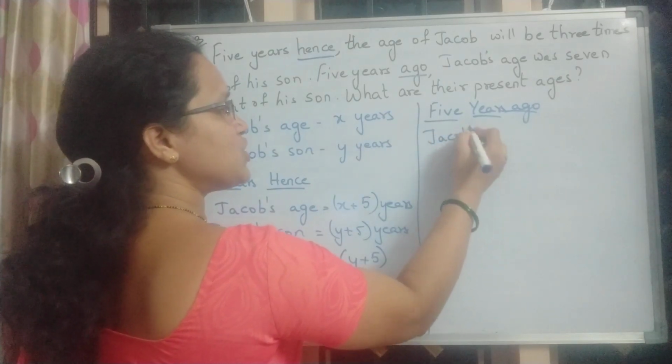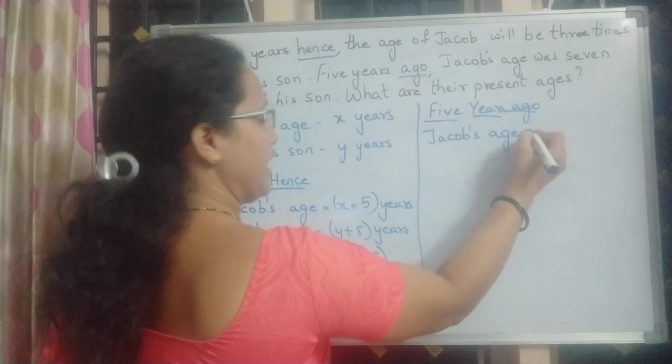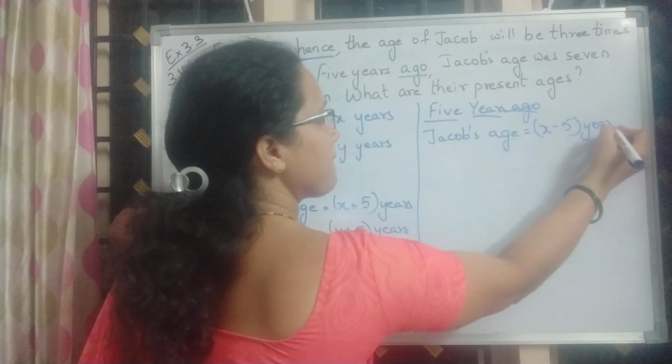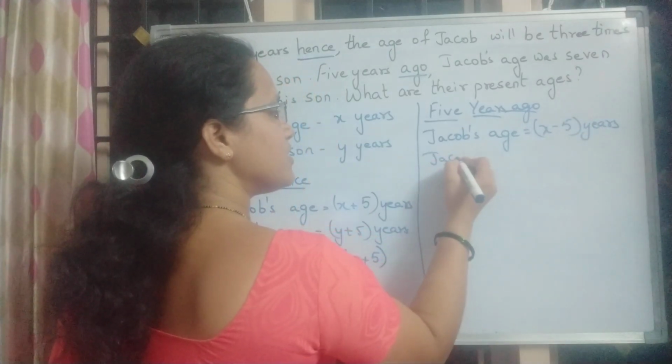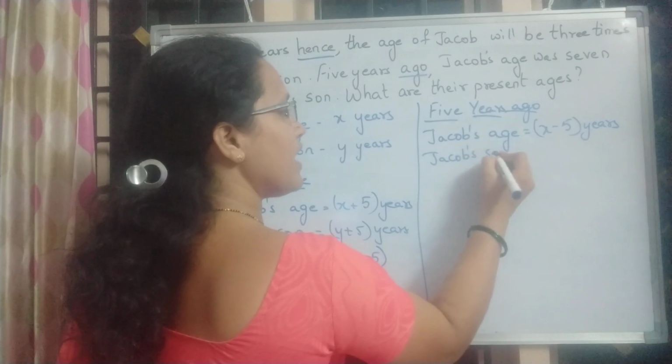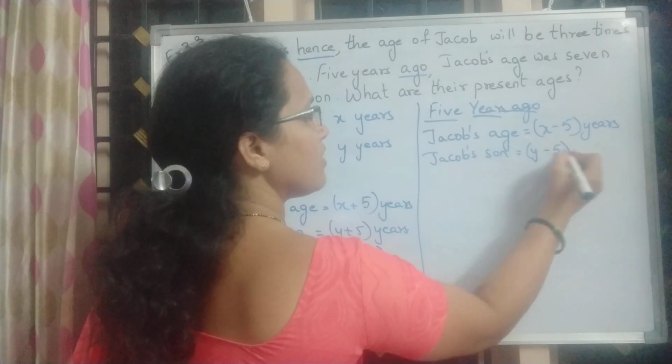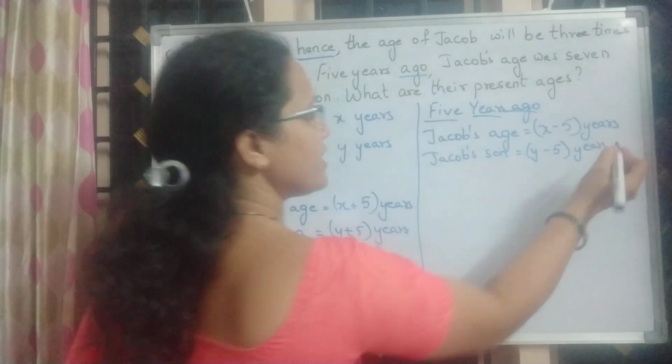Now see, Jacob's age is X minus 5 years and Jacob's son's age is Y minus 5 years. Yes or no?